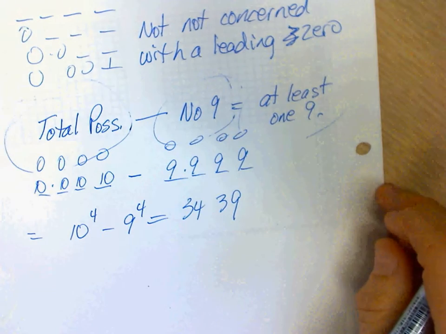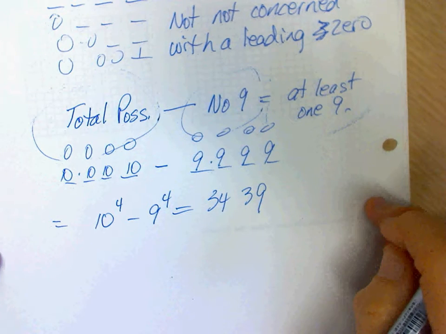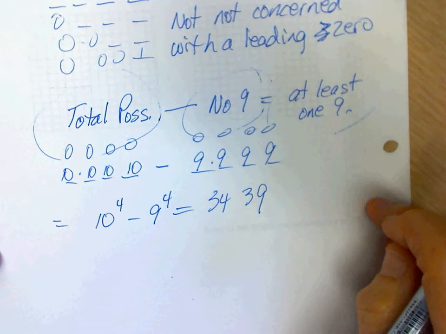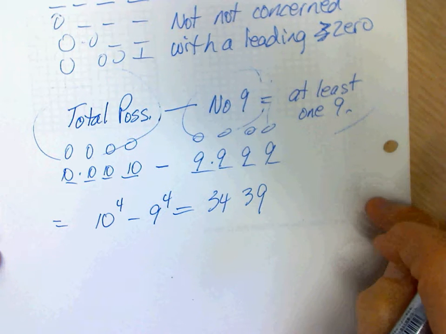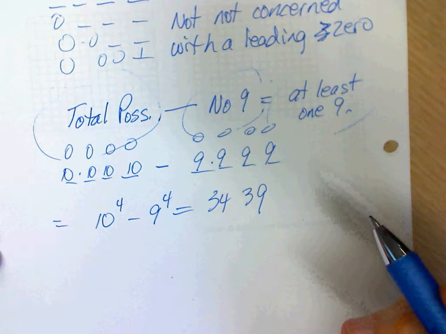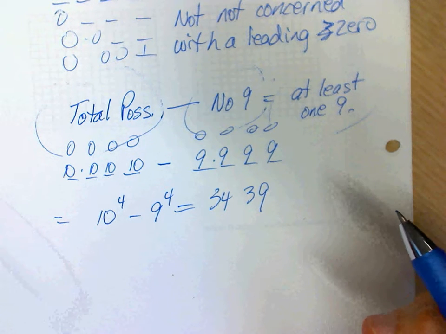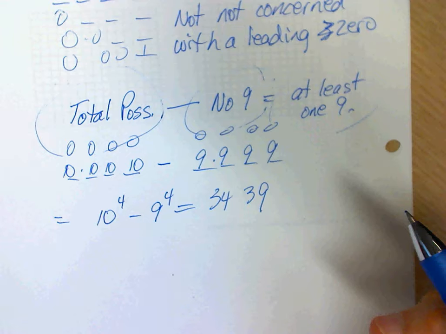But in the total number of possibilities, 10 to the 4 counts 0, 0, 0, 0 as one of the possibilities. Yes, I know they cancel out, but when you're listing the options, you're considering 0 as one of the natural numbers.